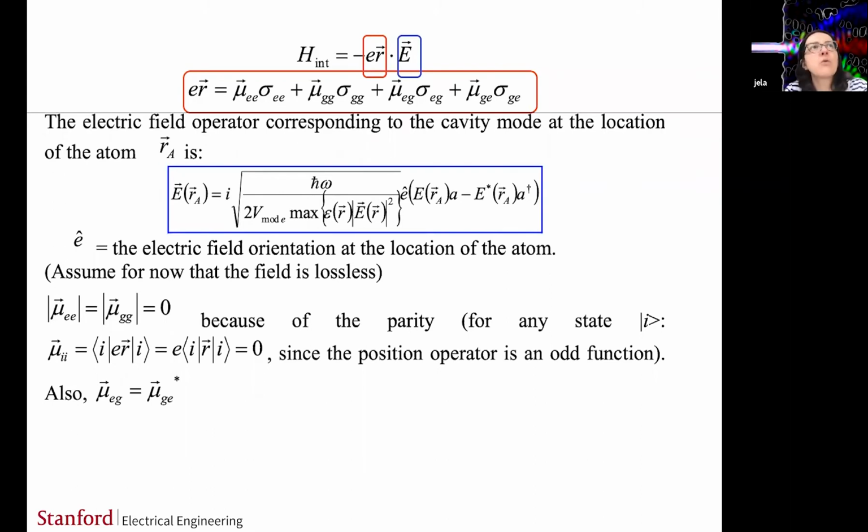So for example, a quantum well, probably most of you have had quantum well. You look at how the wave functions of the infinite quantum well look like. They're standing waves, right? And they're symmetric or anti-symmetric relative to the center of the quantum well. These integrals would be products of magnitude squares of those functions, which are always symmetric, times x.